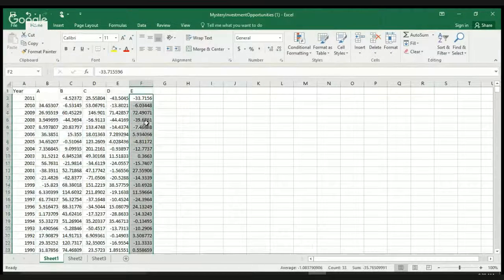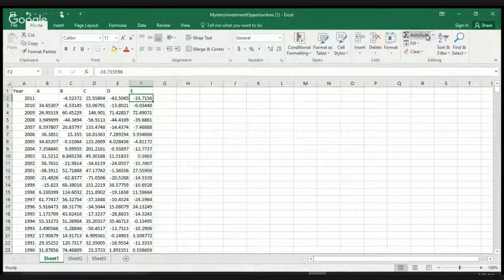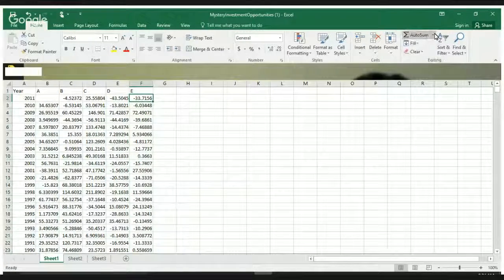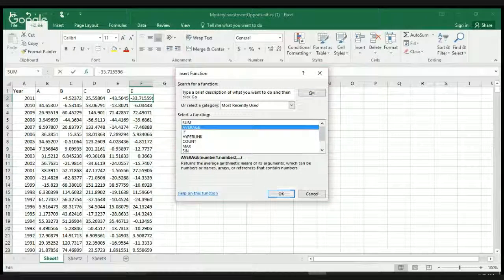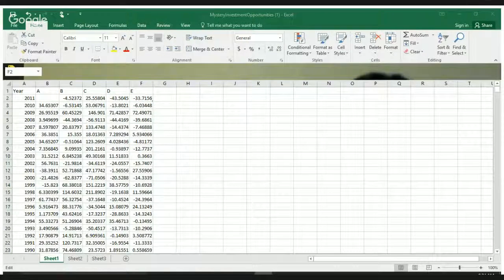Well, you can look at this little arrow here on the AutoSum. You can click on it and see if you can pull up, see if it has what would be the word? Yeah, we could go down and see if we can find it. Actually, you could type sample size in that thing and see if it has the same verbiage.